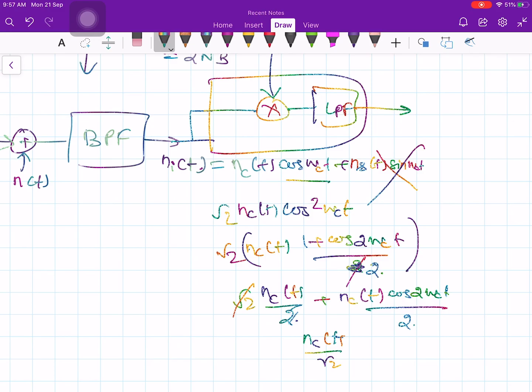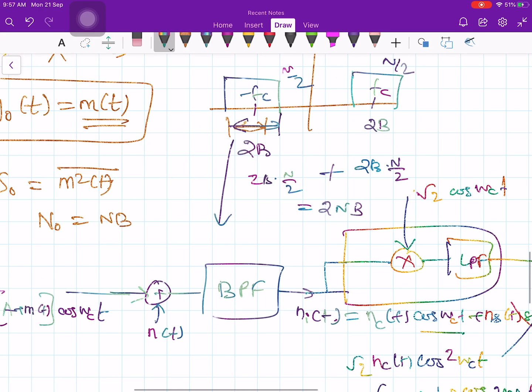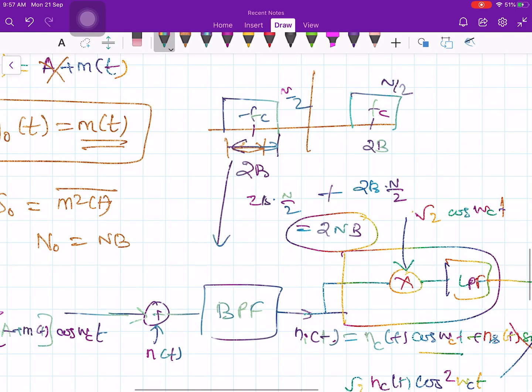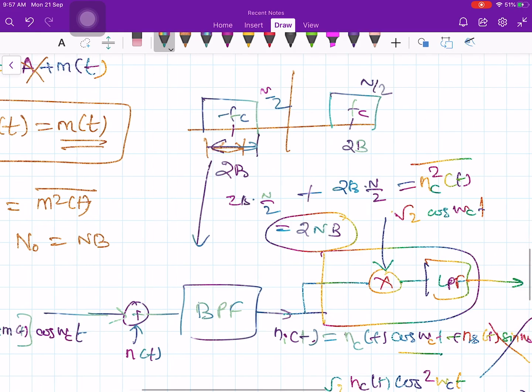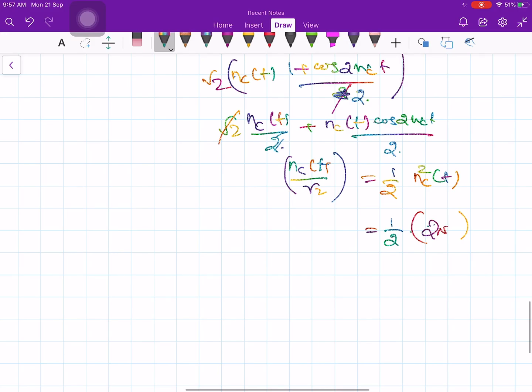Now what is the power of this? This is equal to 1 by 2 Nc square of t. Therefore 1 by 2, this Nc square bar of t is, we calculate this 2NB. So 2NB, this 2, that 2 will get cancelled.